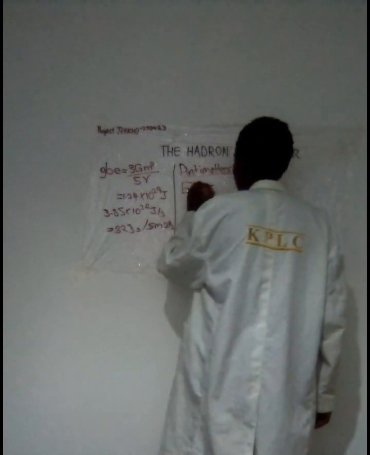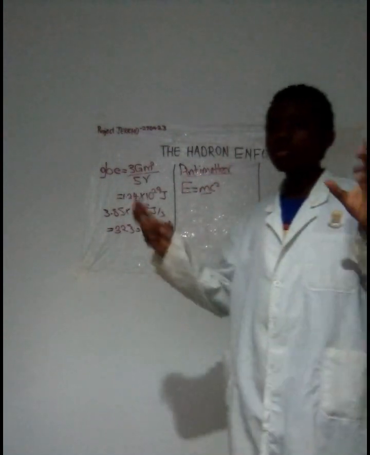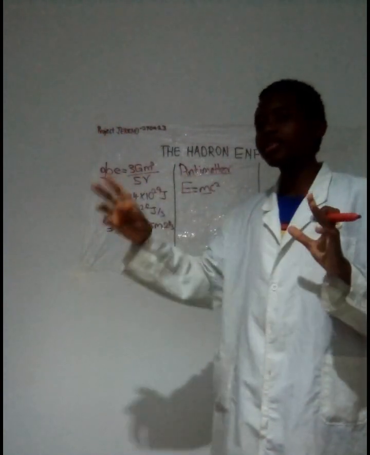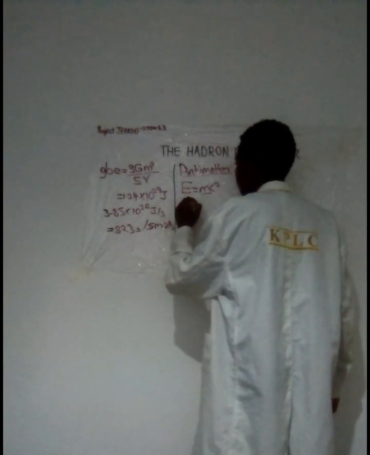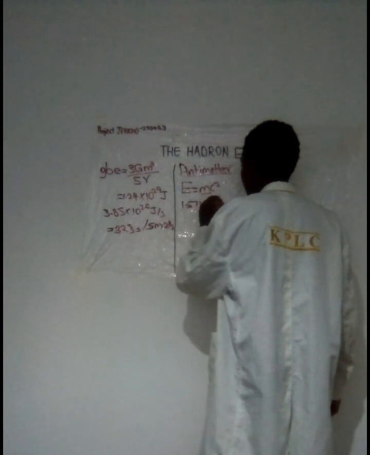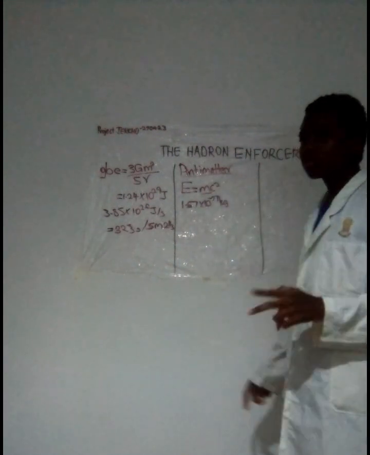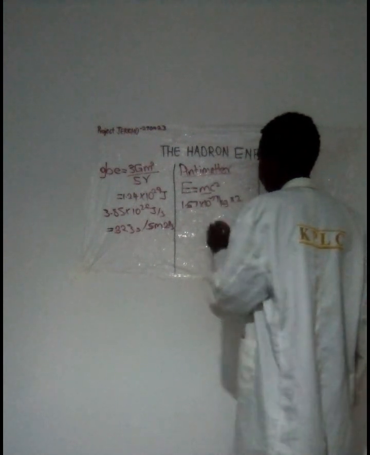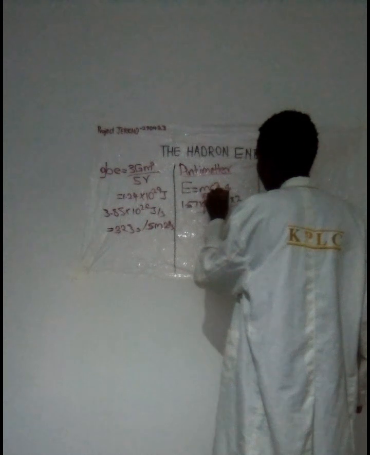So for the mass, we're going to take both masses because we are taking two particles and turning them directly into energy. The mass of a proton is actually 1.67 times 10 to the power negative 27 kilograms. Because we need two particles for pair annihilation, we multiply this by 2. That's the mass. The speed of light is approximately 3 times 10 to the power 8.